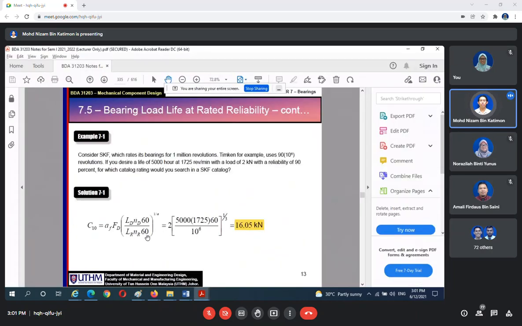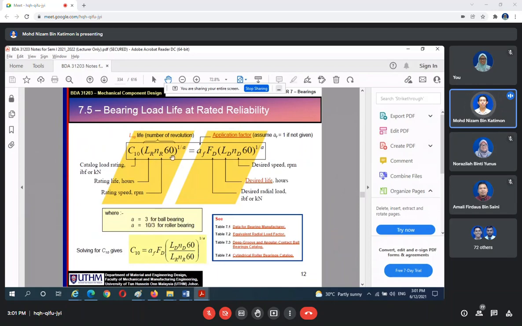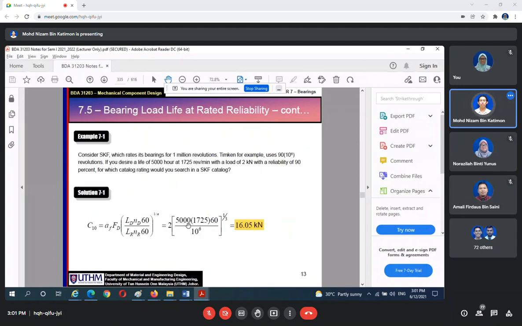LR and R60, the number of revolutions. Why do we put this 1 million?